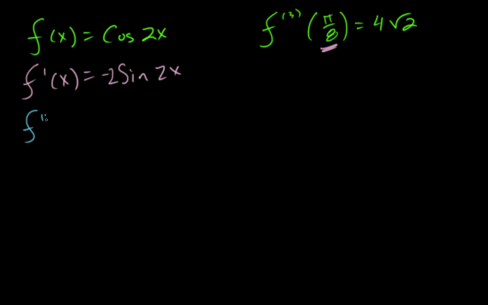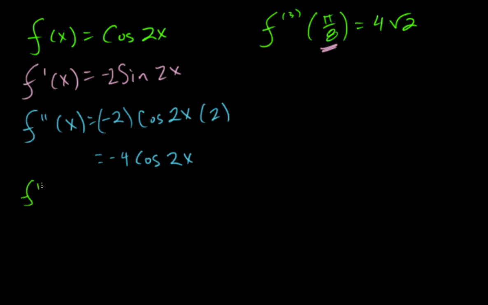Now if we do the second derivative, we bring down the constant, and then sine goes to just cosine, and then we times by 2 because of the derivative of the inside, and so we get negative 4 cosine 2x.